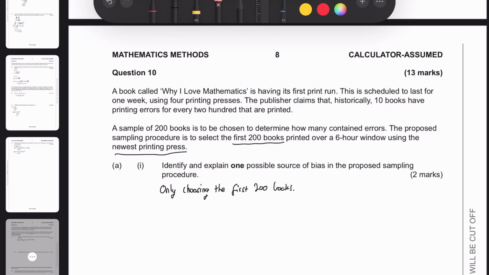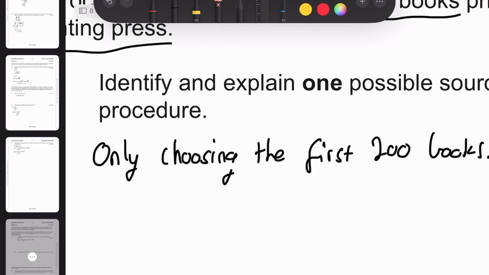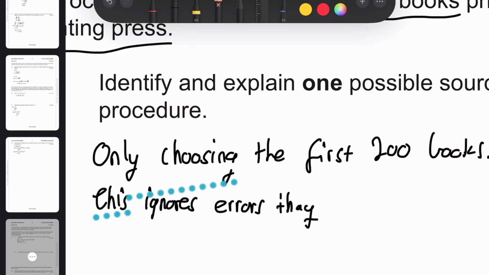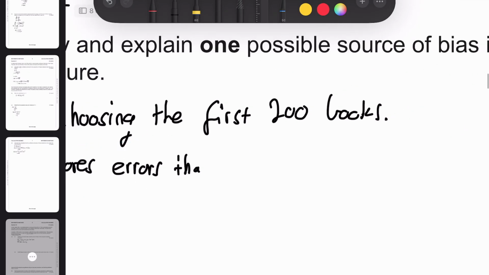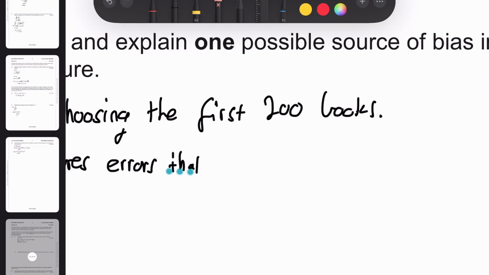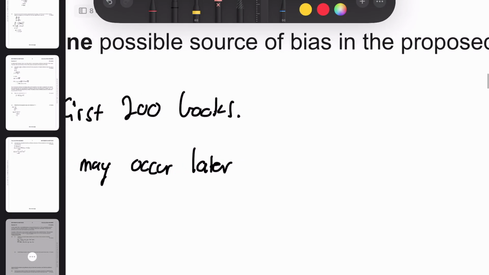So this ignores errors that occur later in the week due to things like wear and tear or fatigue of the machine.